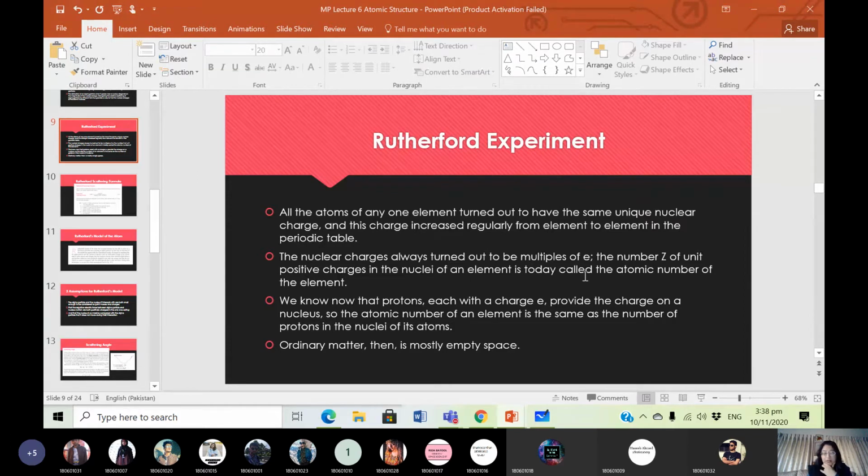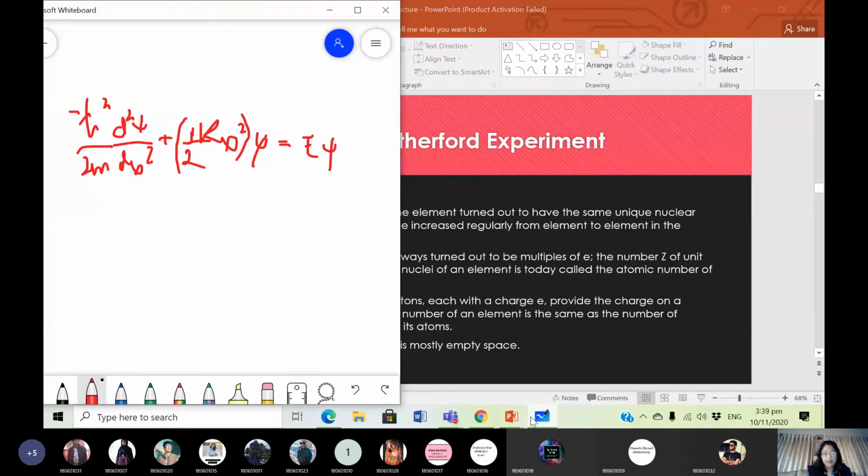So basically, we know that the number Z of unit positive charges in the nuclei of an element is called the atomic number of the element. हमें पता है कि अगर एक element है, उसको हम लिखते हैं, ये ज़्यादा nuclear physics के चैप्टर में आएगा. लेकिन अगर ये एक substance है, call it Ag for silver, and here is the Z, sorry, यहाँ पे M होगा.